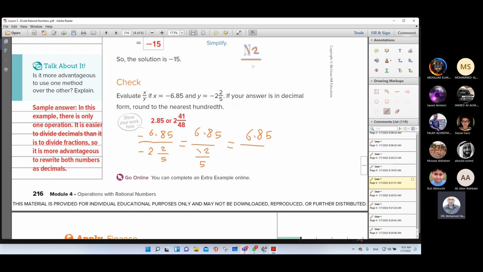How to change this fraction to a decimal? You can divide the numerator by the denominator, or you can multiply up by 2 and down by 2. 12 times 2 is 24, and 5 times 2 is 10. 24 over 10 means 2.4.